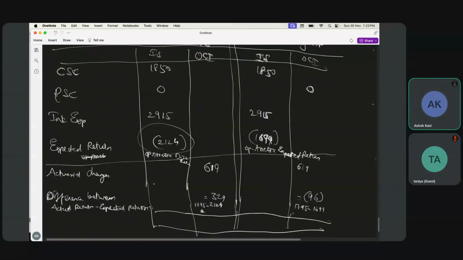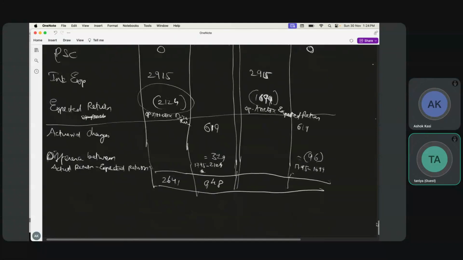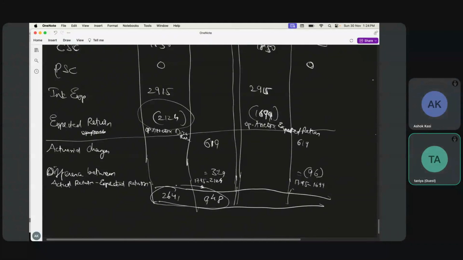So for income statement, it is 2641. Both are positive, right? 948.